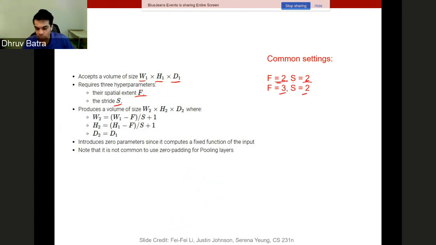A stride of 2 with a filter size of 2 is pretty common, and 3,2 is also pretty common, and you get the same calculations. Notice that there are no parameters in this layer. It computes a fixed function. You can backprop through it, of course, and you have to in order to backprop, but there are no parameters to be updated, so you do not need a del L by del W.